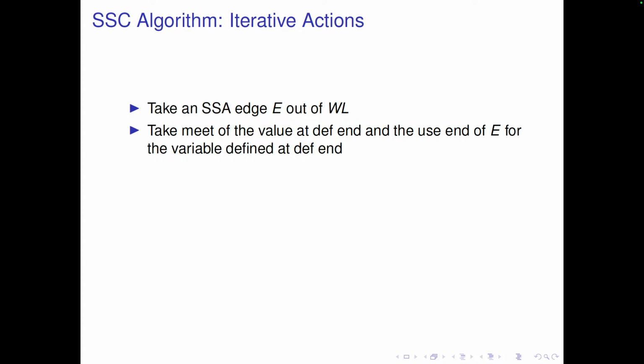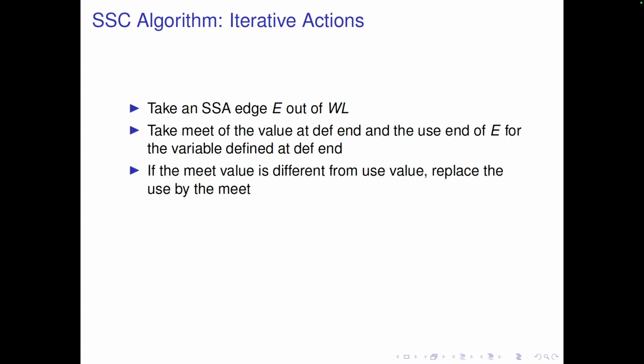It could happen that at the use side you say x is value 5, while on the definition side you say x is not a constant, so you have to update the use end. Another case is that both sides come out to be 5, so you keep it as it is. So take a meet, we'll see what that does. If the new meet value is different from the earlier used value, then you have to update your usages.